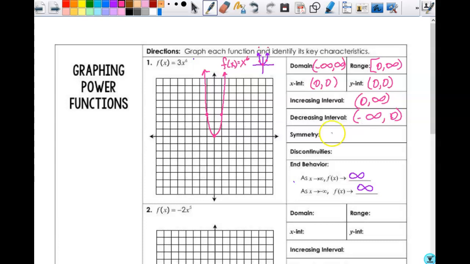Symmetry is about the y-axis, and no discontinuities. Right? And since these are power functions, there aren't going to be any translations up or down at all, because the only kind of stretch I'm going to have is the vertical.